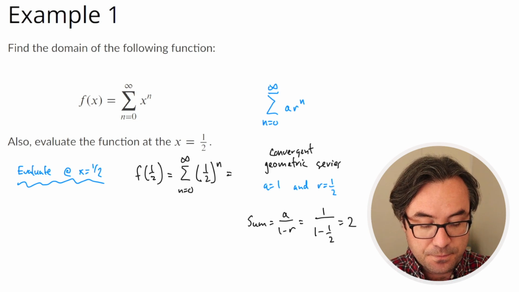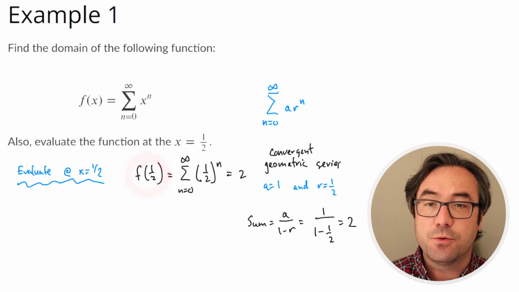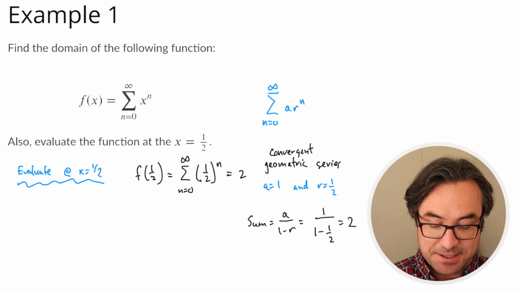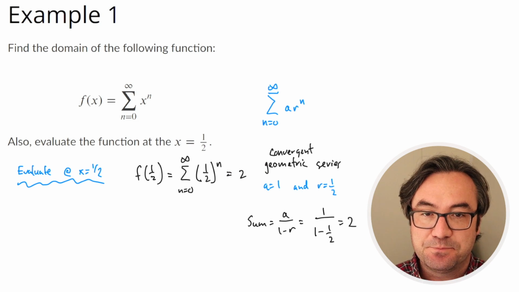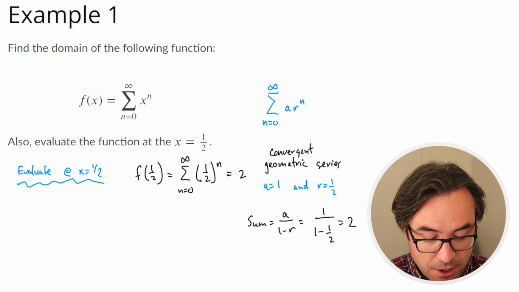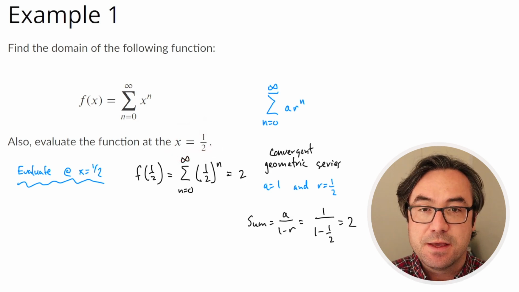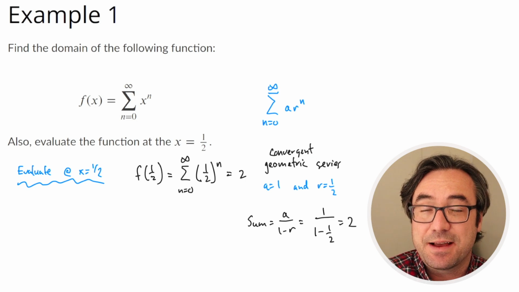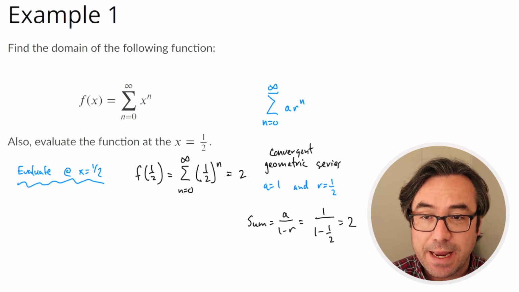So we can say that the value of this power series at x equals 1/2 is 2. All right, so the fact that when we plugged x equals 1/2 into this power series we got something convergent means x equal to 1/2 is in the domain.